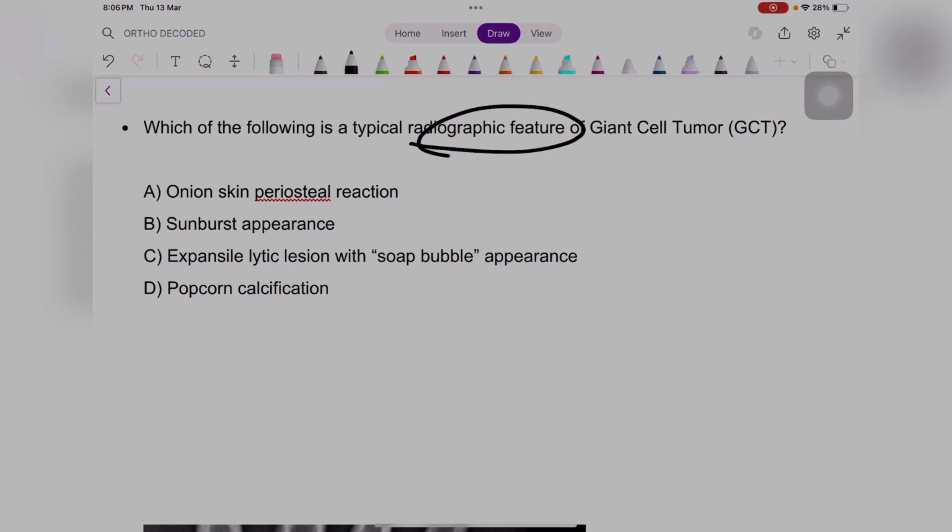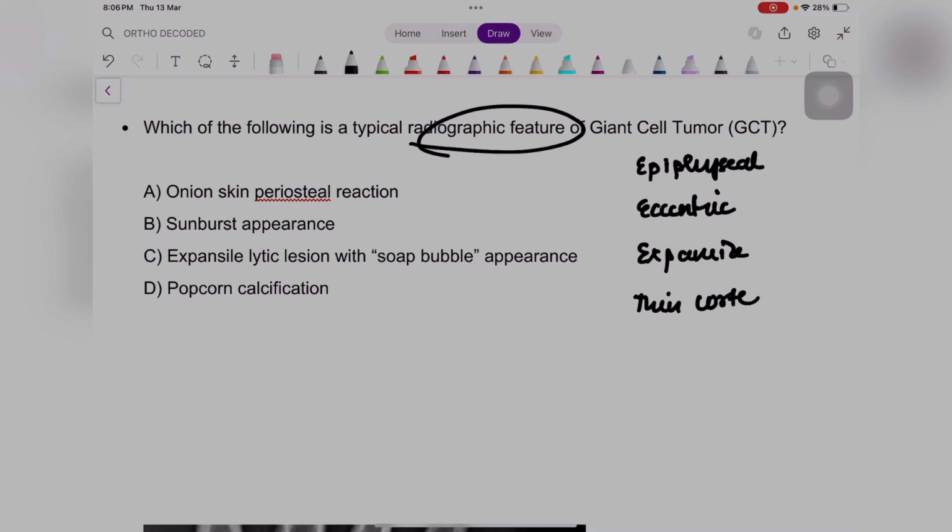As we already discussed, it is epiphyseal, eccentric, expansile, thin cortex leading to soap bubble appearance, and there is no periosteal reaction. So now let us go through the options.